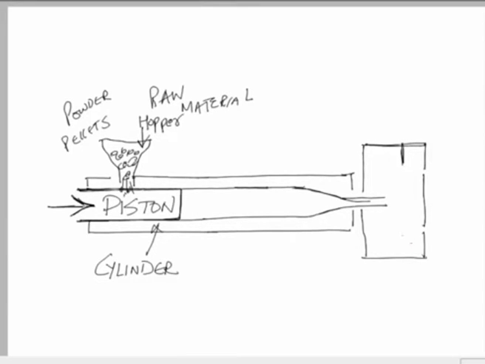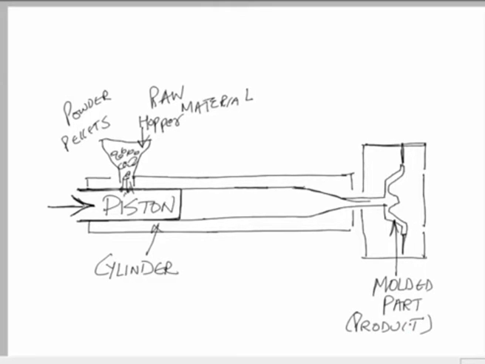I am drawing the two halves of the mold, and this is the mold cavity, or we can say the final shape that we want to create. Again we can say this is our molded part, or the final product that we want to produce. It is a plastic product. So this is our mold.